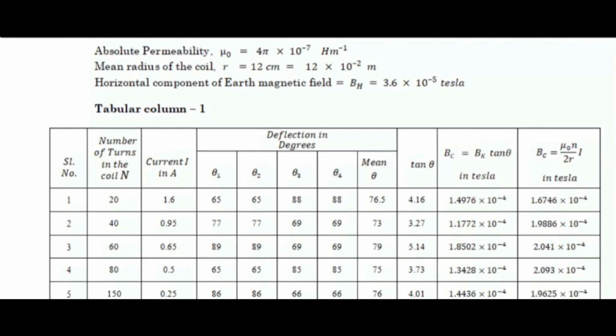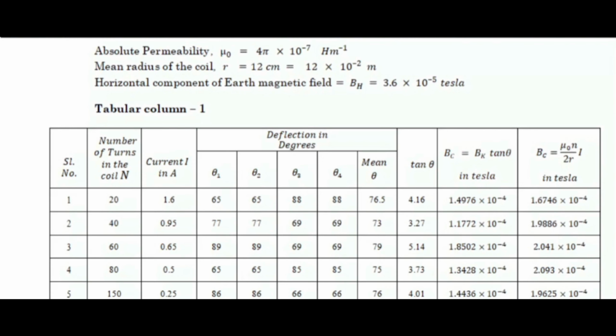The corresponding electric current through the circular coil is tabulated. Then the deflection in the magnetic compass box is tabulated. The mean deflection is calculated. Using the mean deflection, tan theta is calculated.